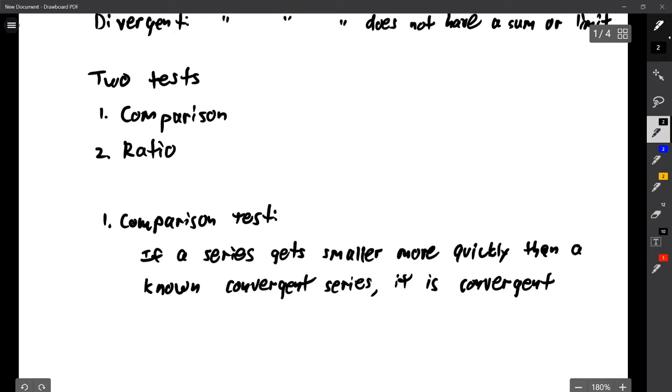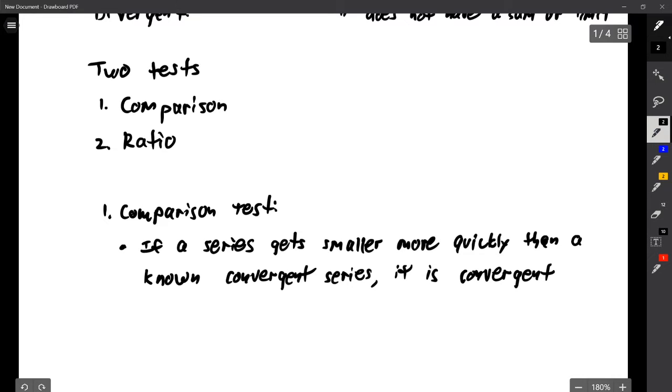Convergent series converge because they get smaller quickly enough, and if the series that you're analyzing gets smaller even quicker than that, then it must be convergent. So that's one thing we could say about the comparison test.